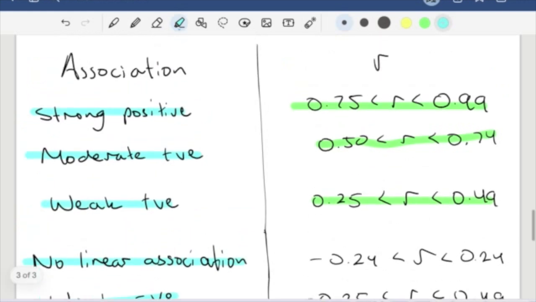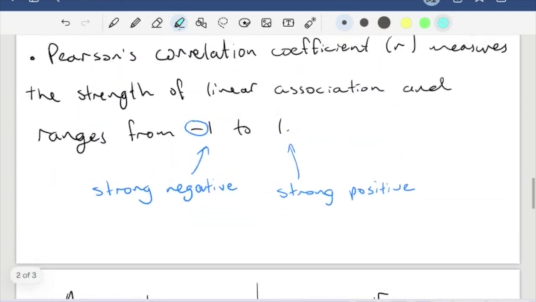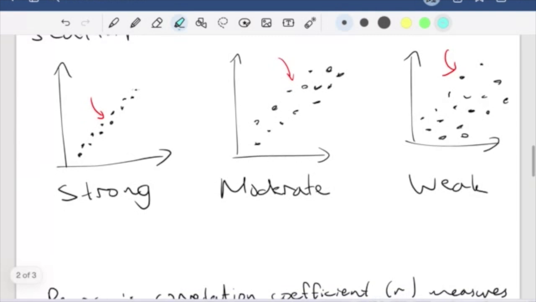And Pearson's correlation coefficient, as we said, measures the strength of linear association. So we no longer have to eyeball these like we did on our graphs here. We can even start to estimate roughly what our correlation coefficient is going to look like.